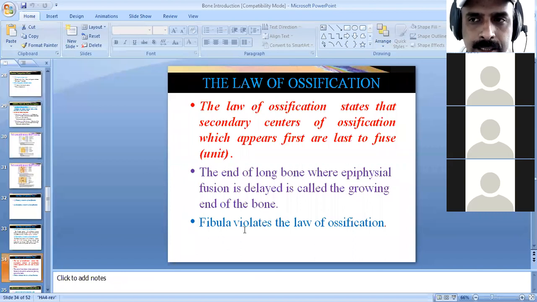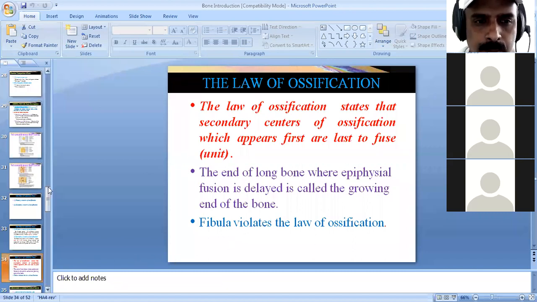So what does the law state? The secondary center which appears first has to fuse last. Suppose a secondary center for one end appears at a particular age and has to fuse at 22 years. If it is not fusing then, it is not following the law of ossification.